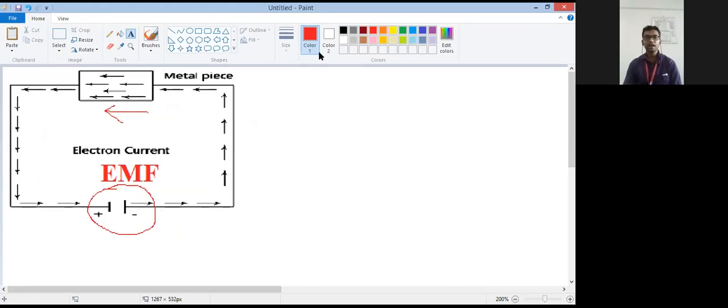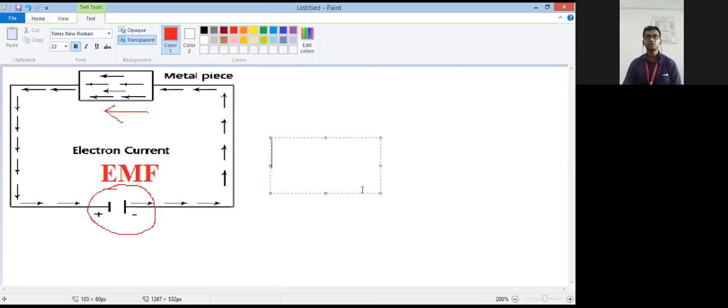Okay, and the current value is given by Q upon T. Whatever current is flowing, that current is given by I equal to Q divided by T. Here I is the average current in amperes, the unit of current is the ampere.